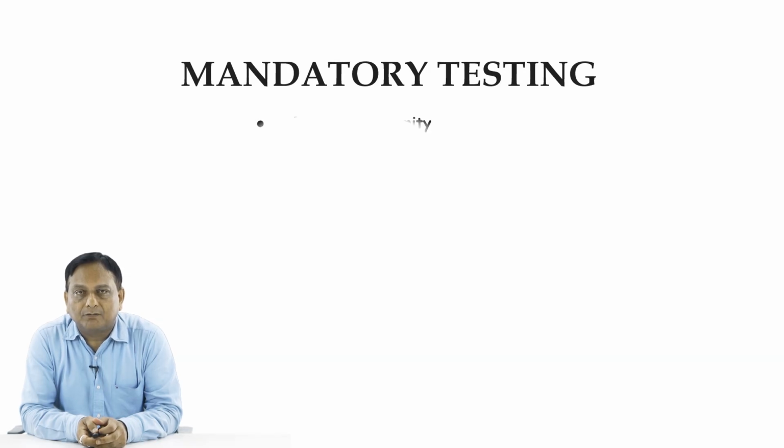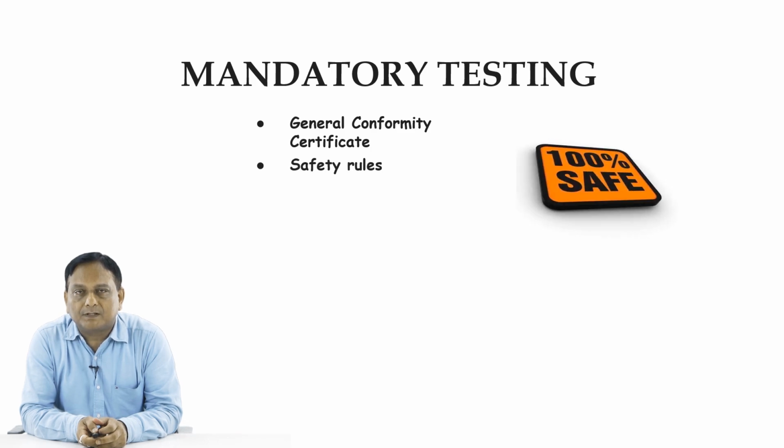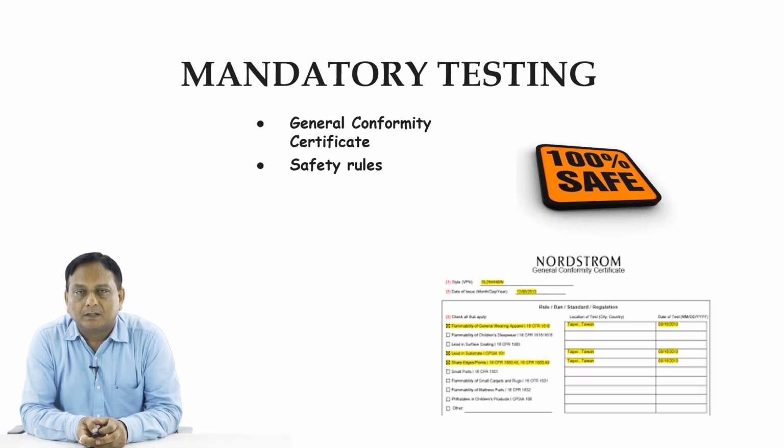Now mandatory testing. A general conformity certificate also needs to be used for that, and it covers the safety regulations. When a particular product gets that certificate, it tells that this product is 100% safe.